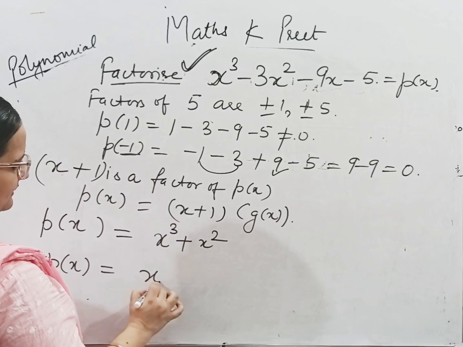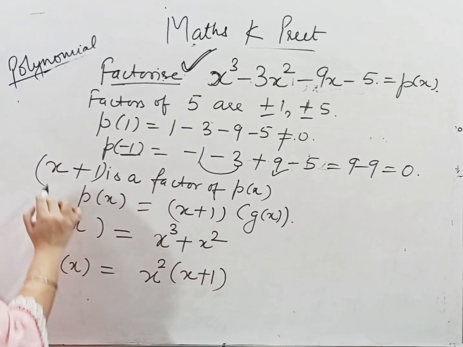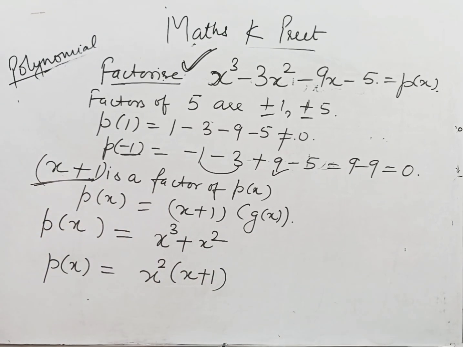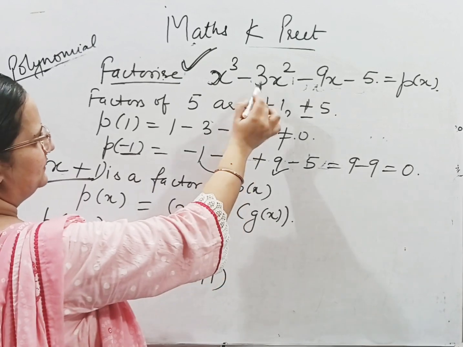Why? Again I am telling, we can take x square out, it will give me a factor x plus 1. This is the trick we have to write the question in. So the next factor is x square I have taken from here.